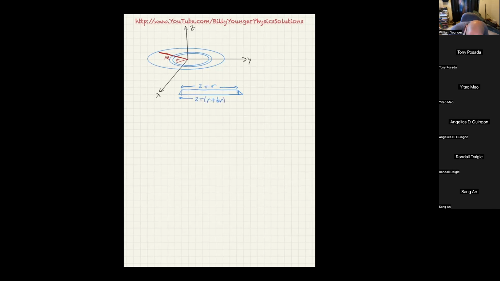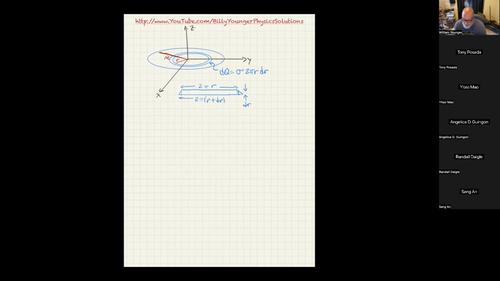And the reason why is because this little distance right here is dr. So what we're going to do is say that this is my dq, which is equal to a charge per unit area, sigma, times 2 pi r dr.